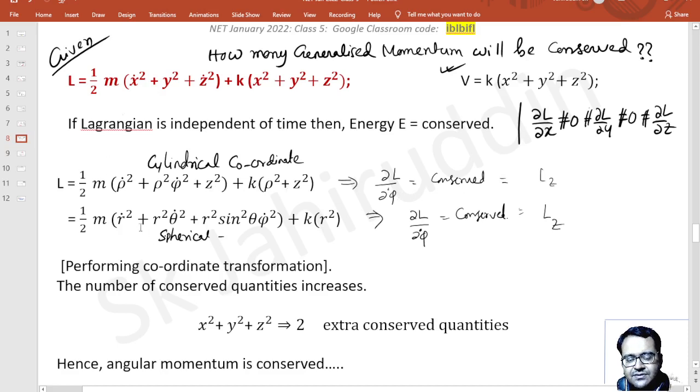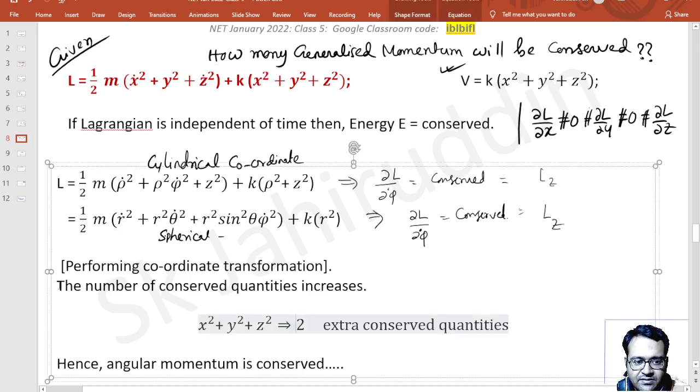Here also, you see that del L del phi is conserved. So the potential has become a function of r only. So there is del L del r, there will be del L del theta, but there will not be del L del phi.